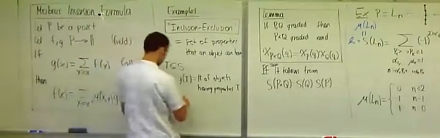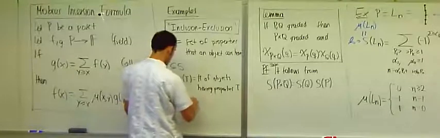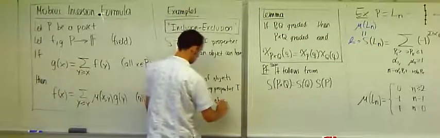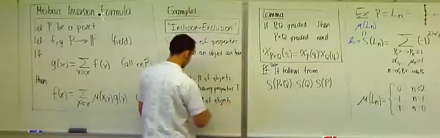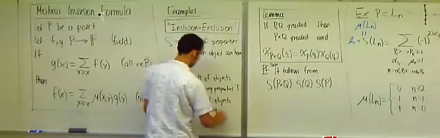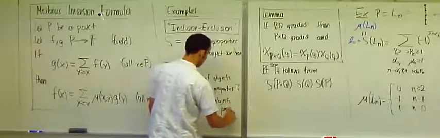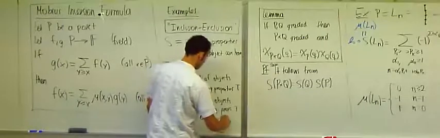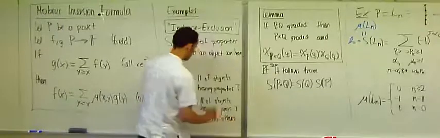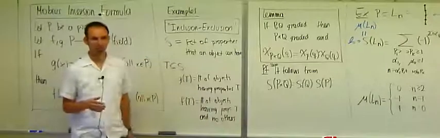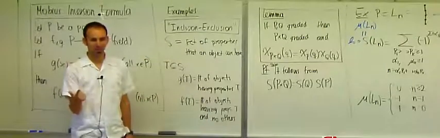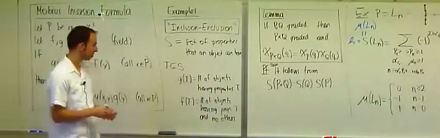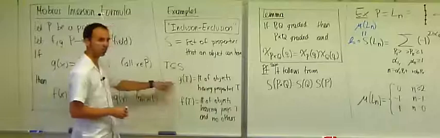And f of T is going to be the number of objects having properties T and no others. So that might be the number of people that, what did I say? Blonde, like soccer, and are not tall. They don't have the other properties. Okay, so this is more restricted than this.